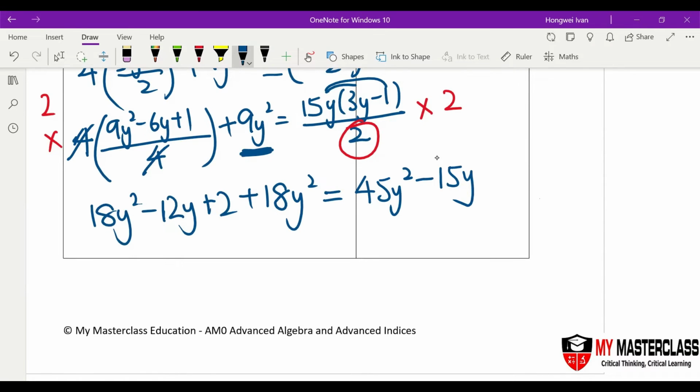Bring everything to the right hand side. 18 plus 18, 36. 45 minus 36.